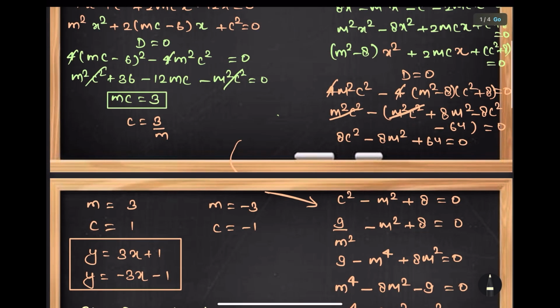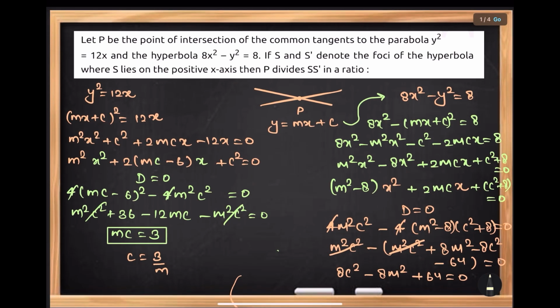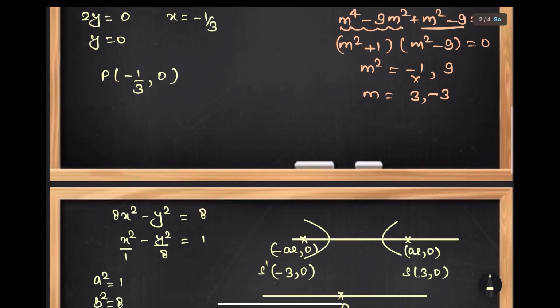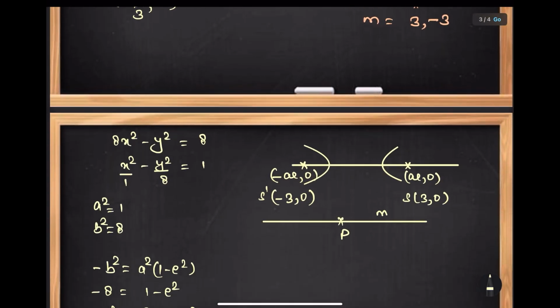Look at this. S and S dash denote the foci where S lies on the positive x-axis, and P divides S dash. Please pay attention. It is S dash, so you have to give S priority and then S dash.